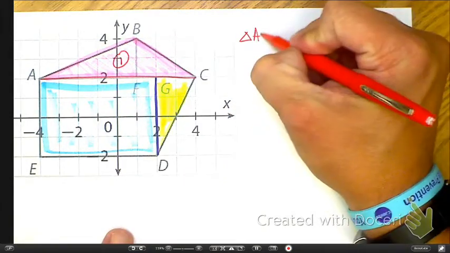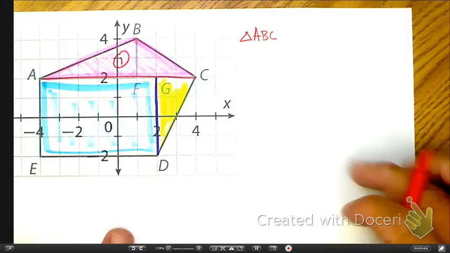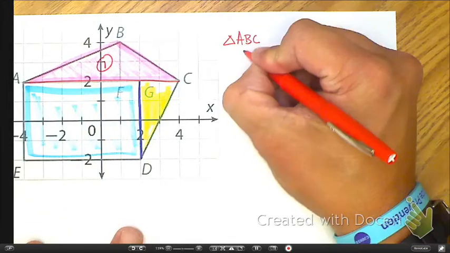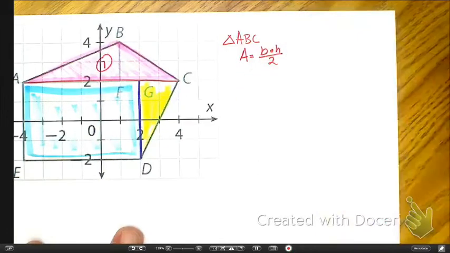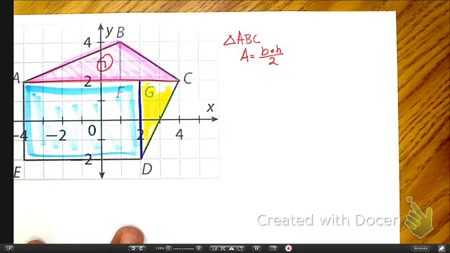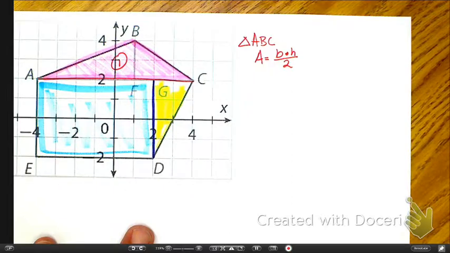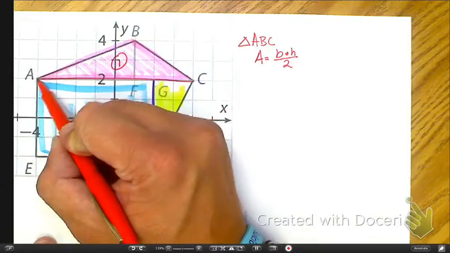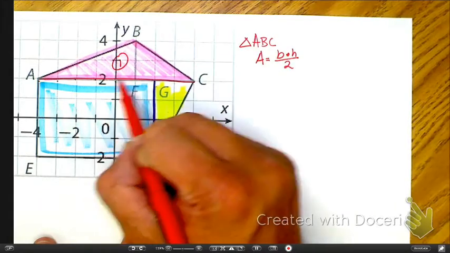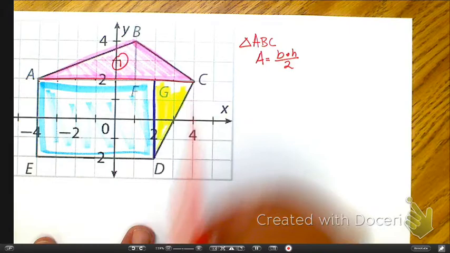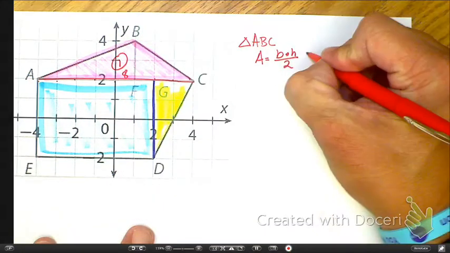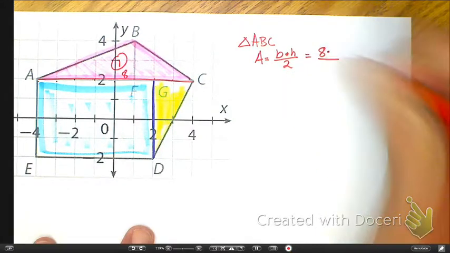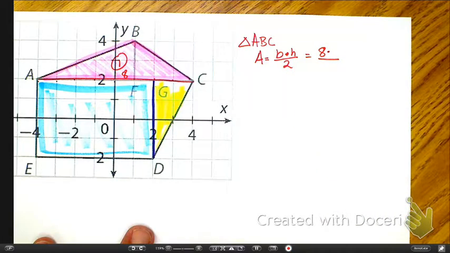Triangle ABC. Well, I know to find the area of a triangle, the formula is base times height over 2. So I need to use my coordinate plane, use my pink triangle to find the base and the height. The base, super easy. Count. 1, 2, 3, 4, 5, 6, 7, 8. 8. The height must be perpendicular to the base.